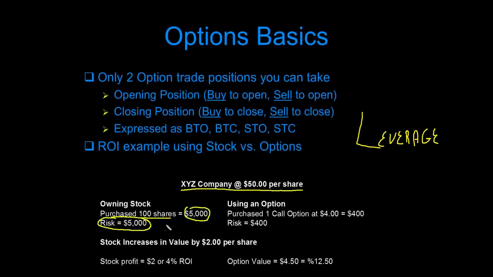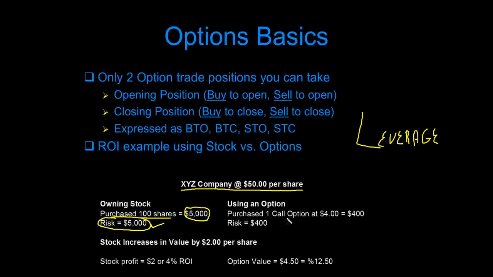But most stocks today are fairly liquid, especially in the S&P 500, and generally it's not going to go to zero. But in theory, it can go to zero. So technically, textbook, your risk is all $5,000.